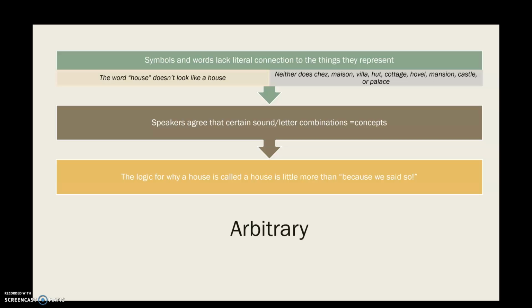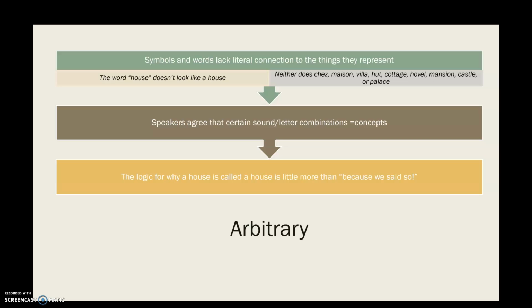Speakers agree collectively that certain sounds and letter combinations equal words, equal concepts. So we have collectively agreed that the place that we live is called a house. The logic for why a house is called a house is really very little more than because we said so. We as a group just decided that that's what it meant through convention.